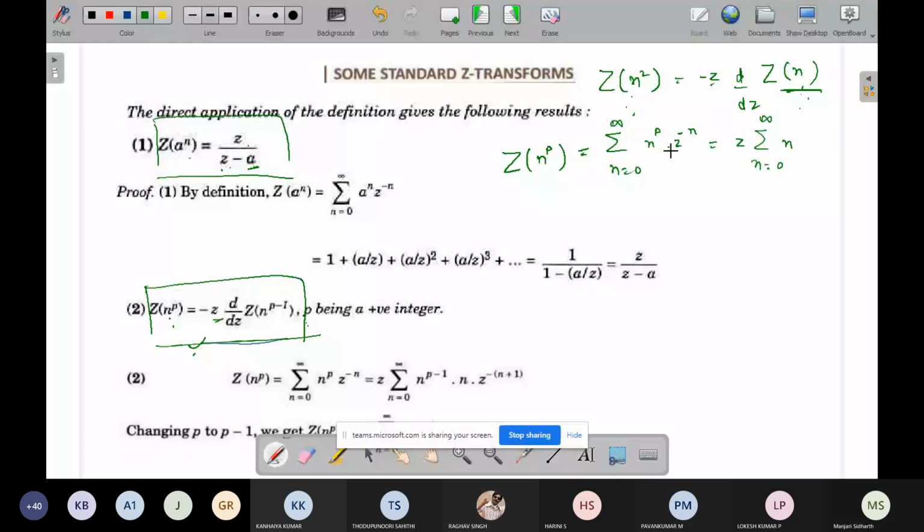You can write n power p minus 1 into n, and z power minus n minus 1, because one z we have taken outside. Now if I write the Z transform of n power p minus 1, you will get n power p minus 1 and z power minus n, right? So please remember this, but I am proceeding from here itself.